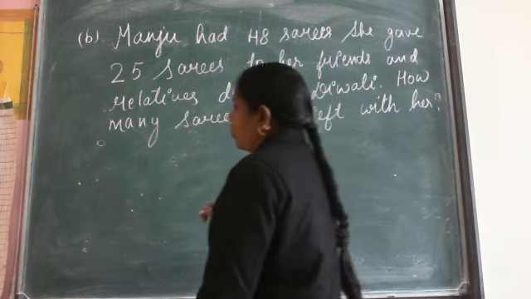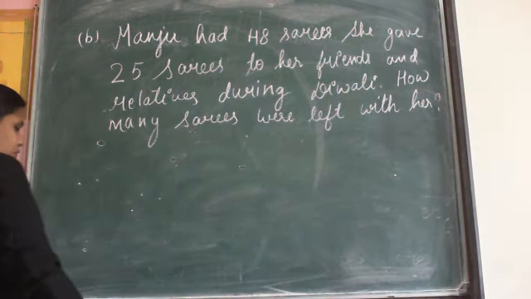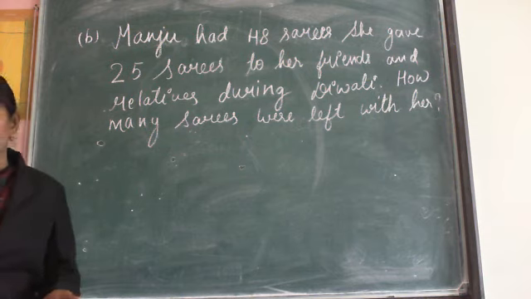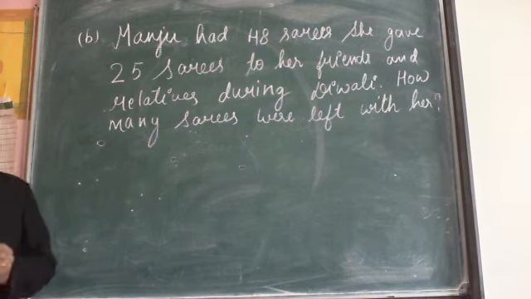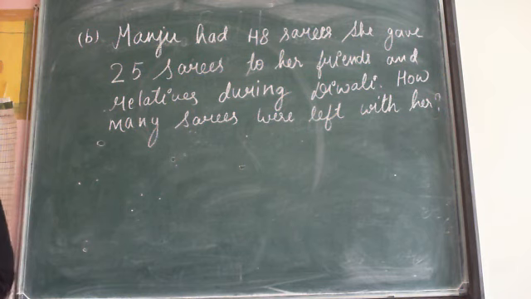So first copy the question from the board, or you can copy the question from the book also. The same question is given in your book on page number 90. So quickly note down the question.